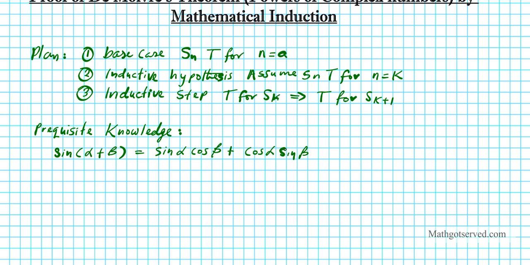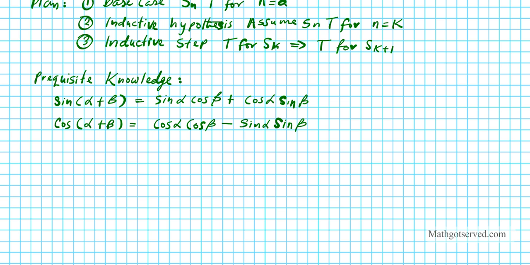Remember addition commutes, multiplication commutes, so these can be in any order and it's still the same thing. Also the sum identity for cosine: cosine of alpha plus beta equals cosine alpha cosine beta minus sine alpha sine beta. Okay, so these are the two identities I'm going to be using in this proof. All right, let's go ahead and do the proof.